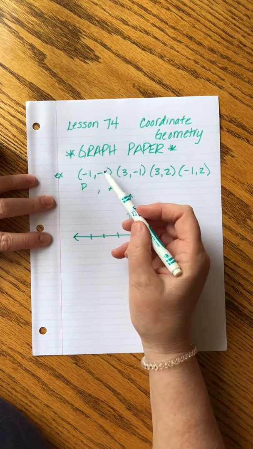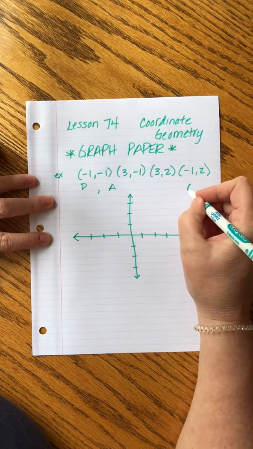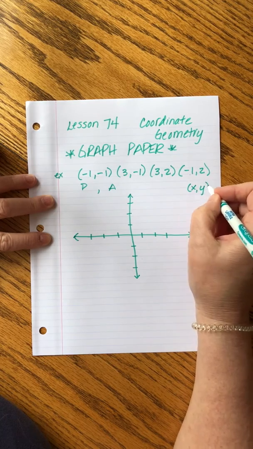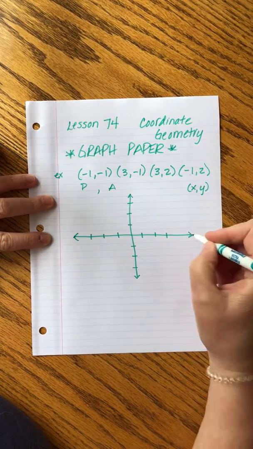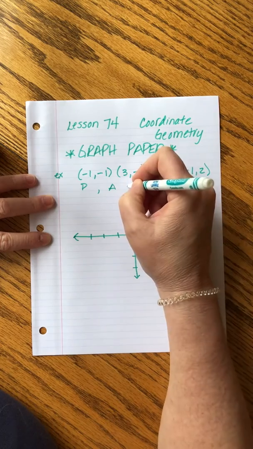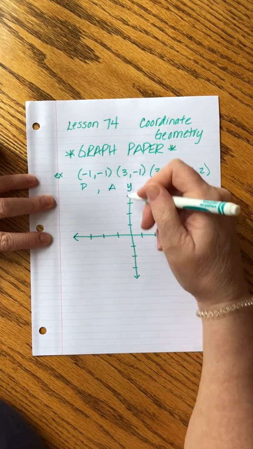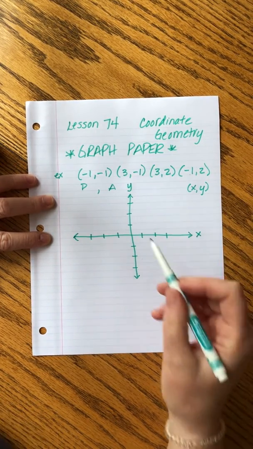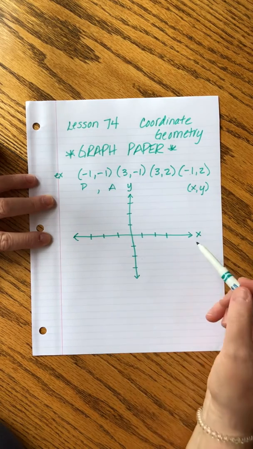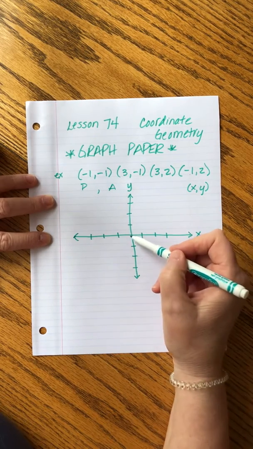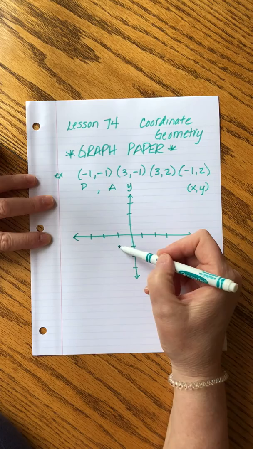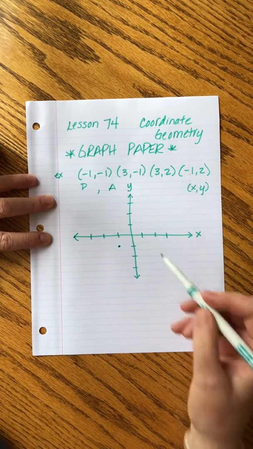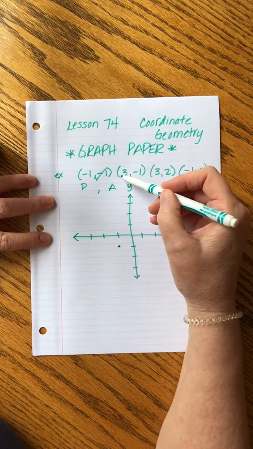Remember that the points are always listed first the x coordinate, then the y coordinate. This is the x-axis, and this is the y-axis. Y's up, right? So -1, -1: I go -1 and then -1. There's my first point. Second point, 3, -1.